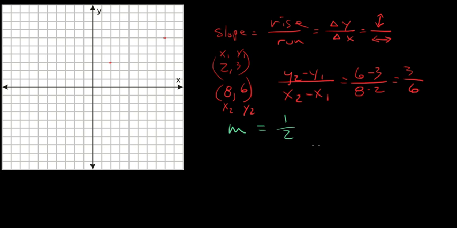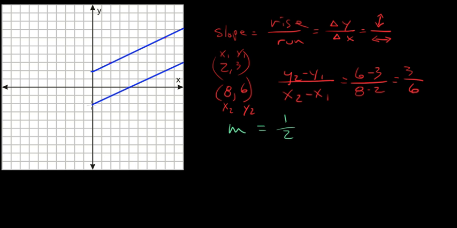Now there are two things I want you to know about this. Any line that has a slope of 1/2 is going to be parallel to this line. So if I draw another line through two points like this, make that right here, this line also has a slope of 1/2.